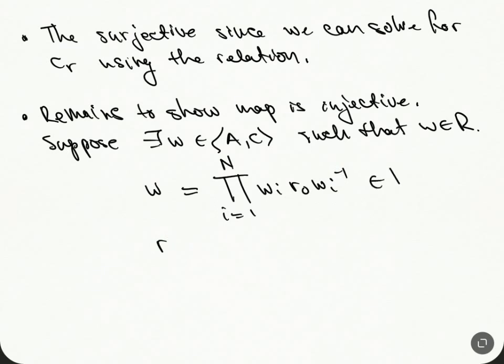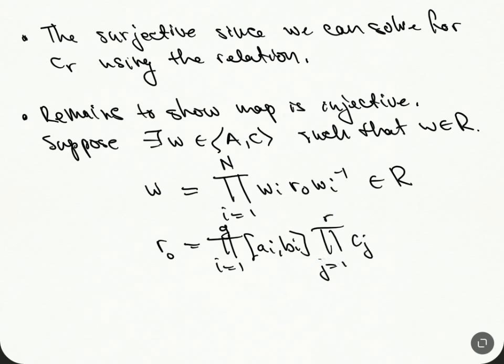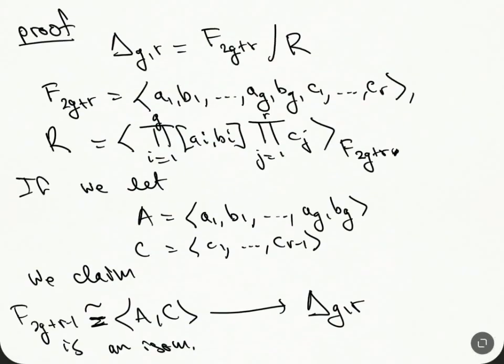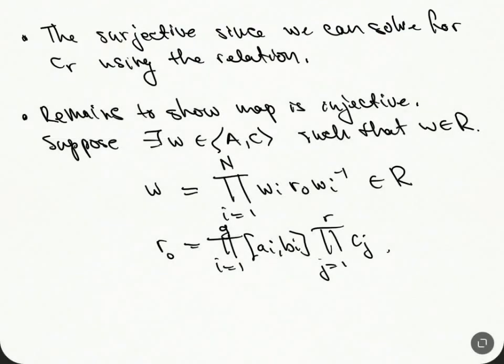This is what a general element of R looks like. R_0 is, again, this product of commutators from 1 to g, and then the product from 1 to r of c_j. So we suppose that there's something in the kernel, something that maps to 0, and given the presentation, this is what it must be.